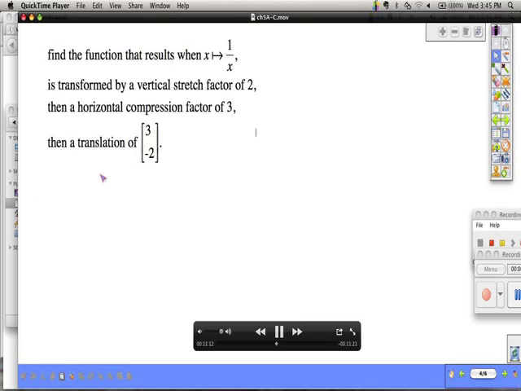So here we have a parent function, 1 over x, and we're going to transform it with a vertical stretch, a horizontal compression, and a translation.